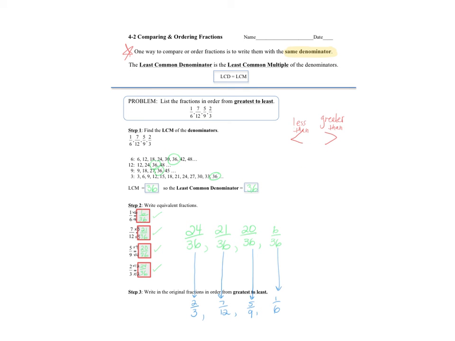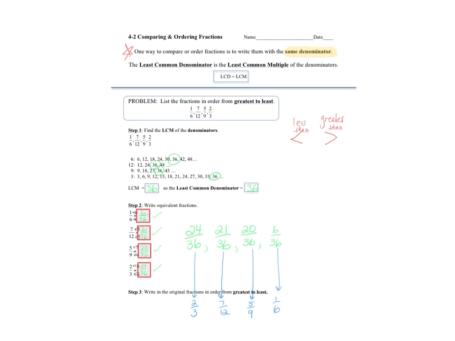So for instance, just like we did actually with your decimals, if I were to use these particular signs down here, I'm going to get rid of my commas and pretend that I didn't just list them with commas. I want to list them using these signs. So this guy is the greatest of all of the fractions. We have decided that because we listed them from greatest to least. So if he's the greatest, then we can say 2/3 is greater than 7/12.